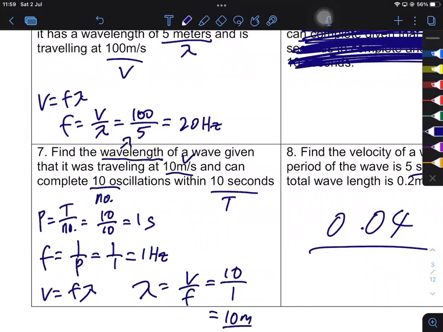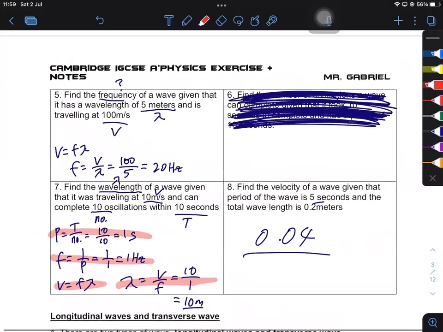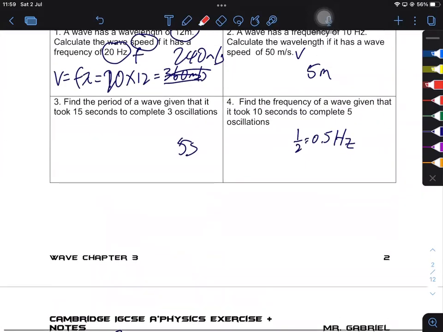You're supposed to identify your parts one by one, and you should be able to solve it. Okay. Any other questions that you guys couldn't do from this part here? I think it should be quite straightforward, right?